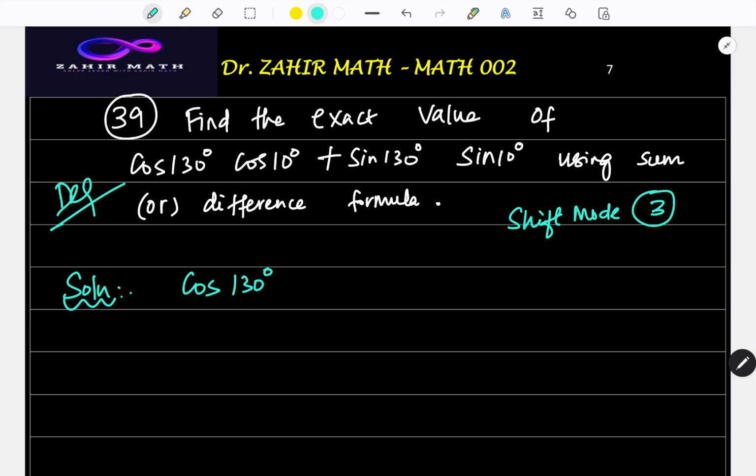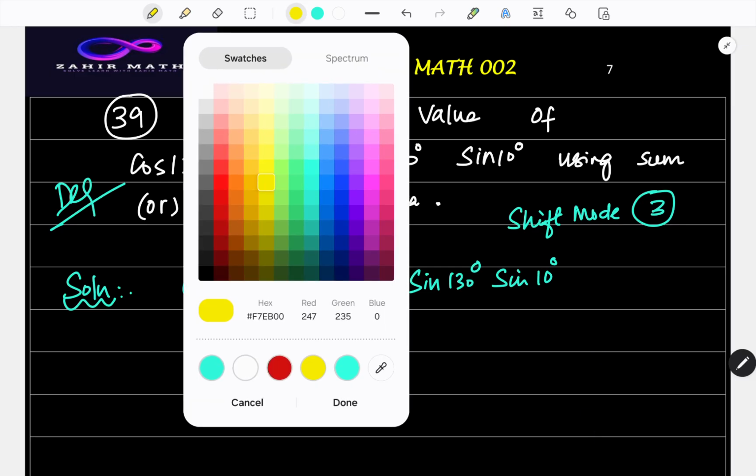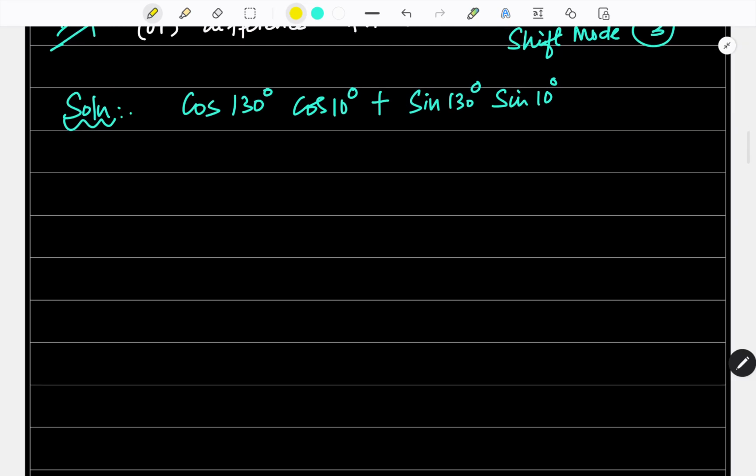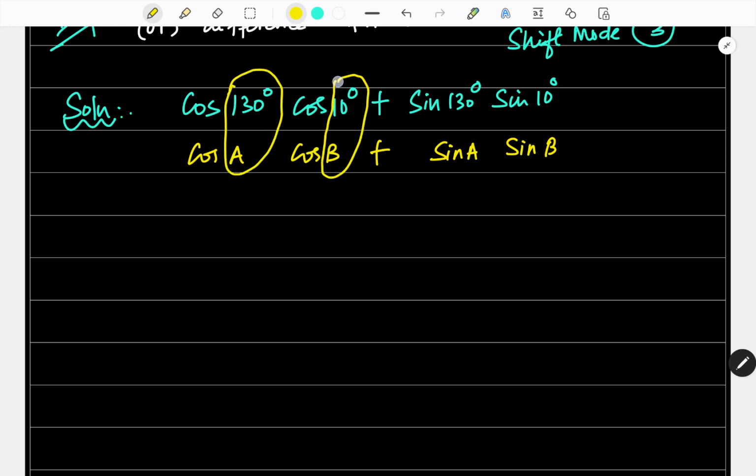Cosine 130 degree, cosine 10 degree plus sine 130 degree, sine 10 degree, right? So let me write in the way which I'm going to write. So this is of the model cos A, cos B plus sine A, sine B. Look here, this is your angle A and this is your angle B. Make sure the same angle is there or not.